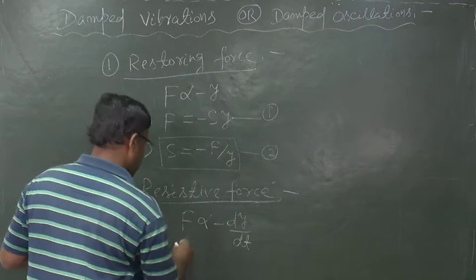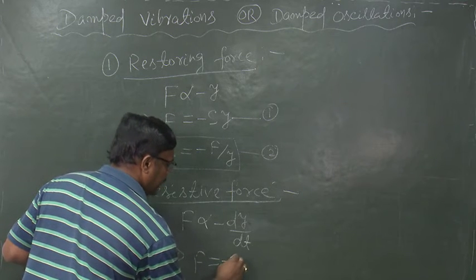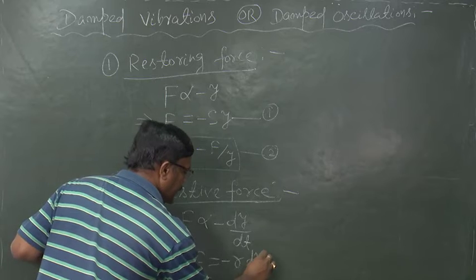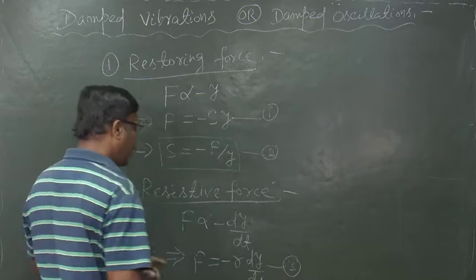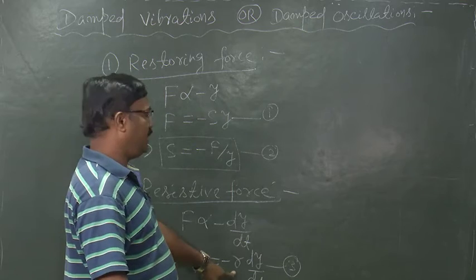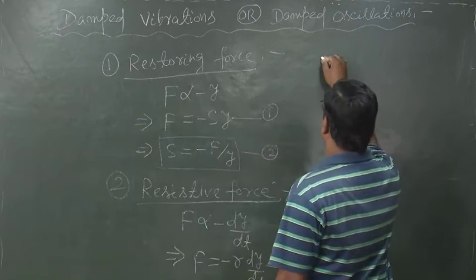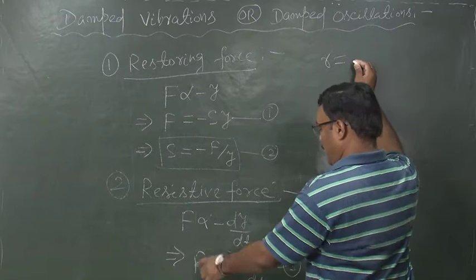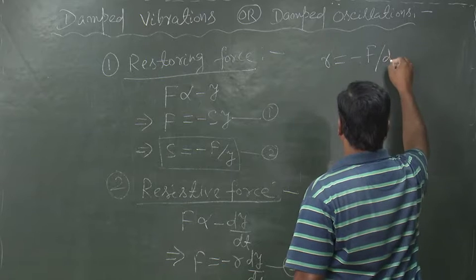This can be written as F equals minus r dy by dt, where r is the proportionality constant and is equal to the force per unit velocity.